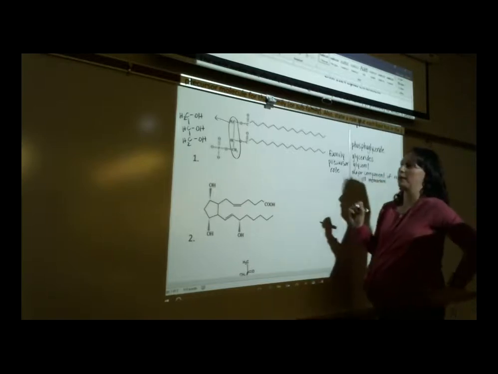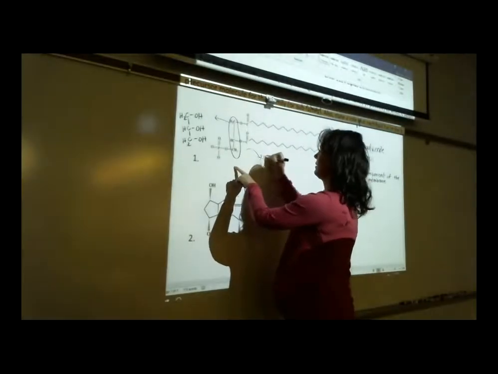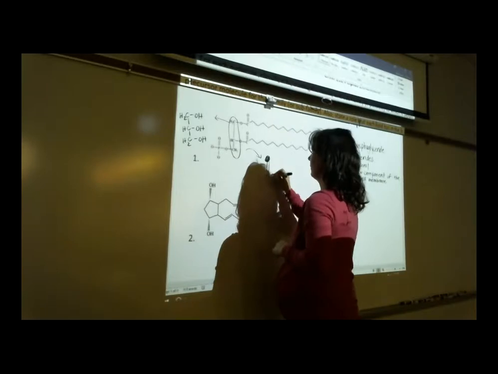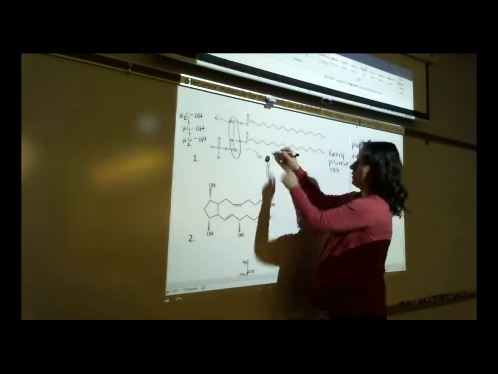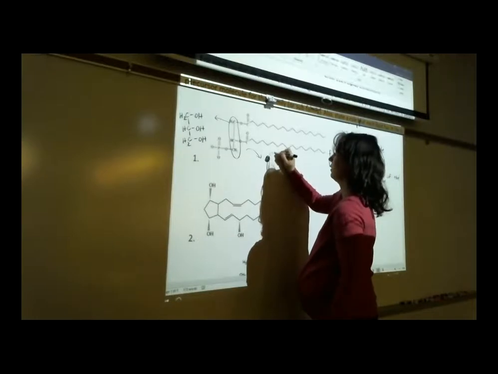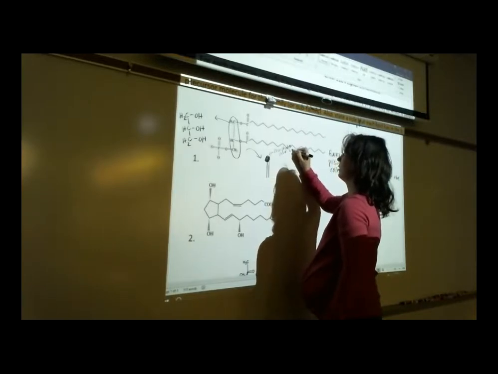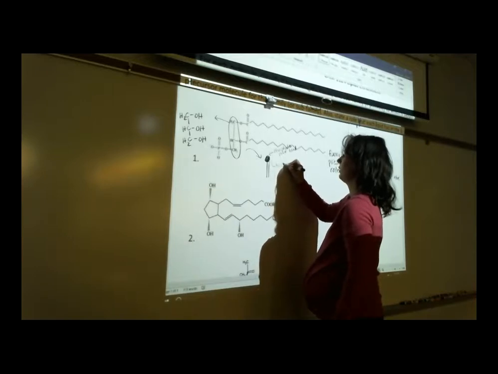So remember in the textbook, your textbook represents this as this. That's how your textbook draws it. This is the polar head, right? This is the phosphate. Polar head. And then these are the non-polar tails.